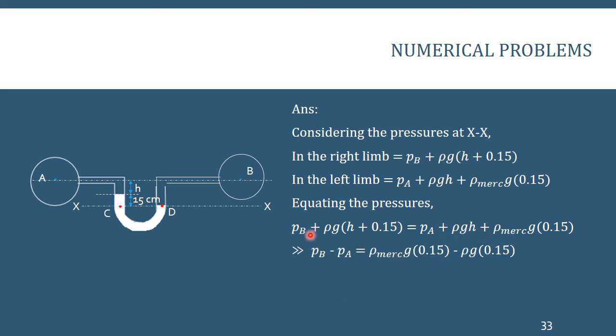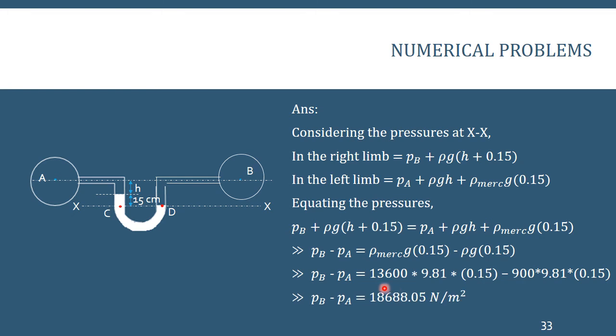PB and PA you can bring to one side, and all the other terms you can take to the other side. So I'll get PB minus PA is equal to rho mercury into g into 0.15 minus rho into g into 0.15, or I will get the value of PB minus PA to be equal to 18,688.05.